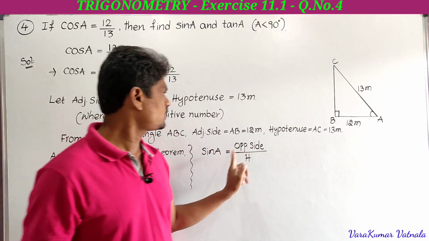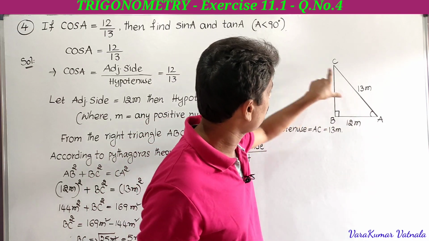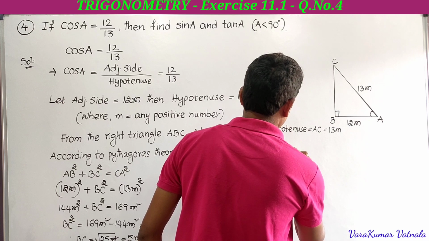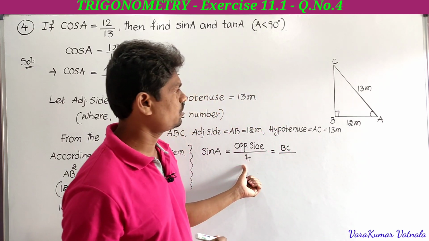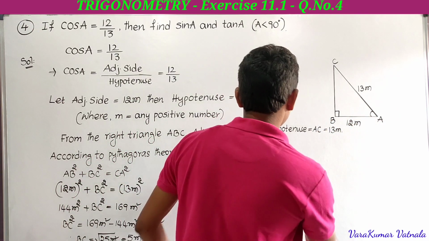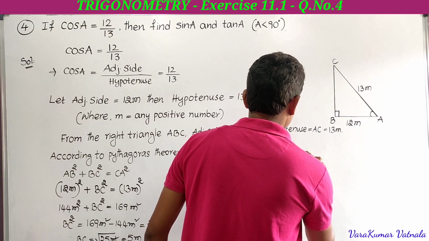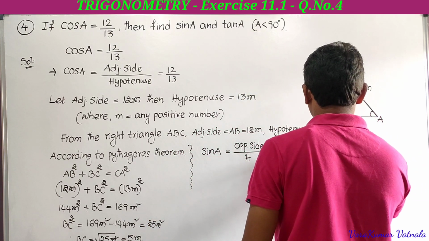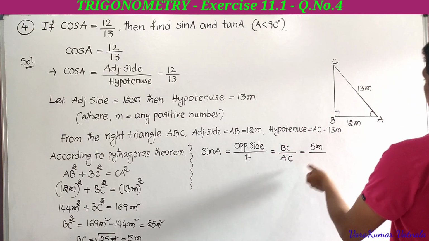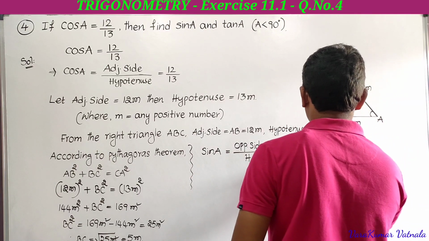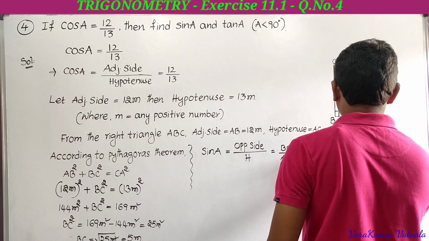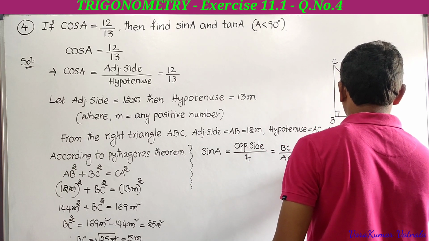What is opposite side to angle A? This is angle A, opposite side is BC. So it becomes BC divided by hypotenuse AC. BC is equal to 5m, so substitute 5m divided by AC, which is 13m. The m gets cancelled, and we get 5 by 13.